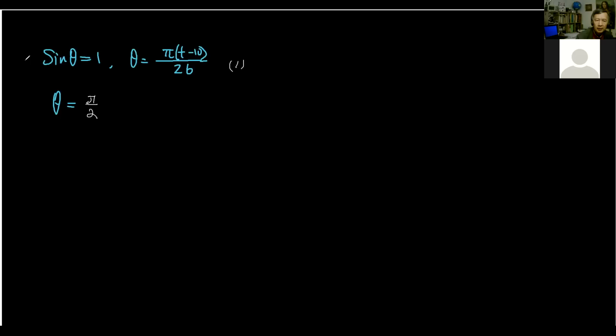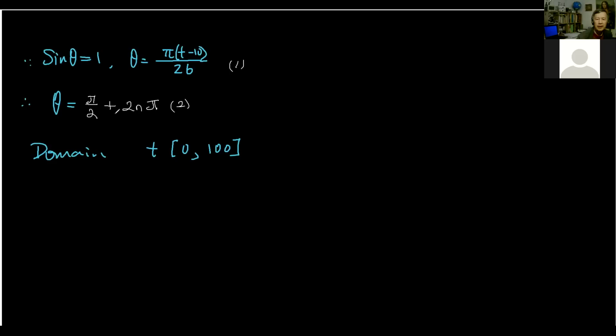Theta equals pi over 2 plus 2 pi n. Now you have to determine the range. What is the range for t? Can you check the domain? I think the domain of t is 0 to 100. Okay, so you have to solve it.